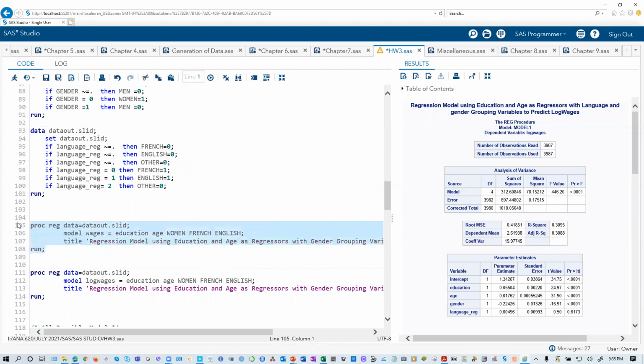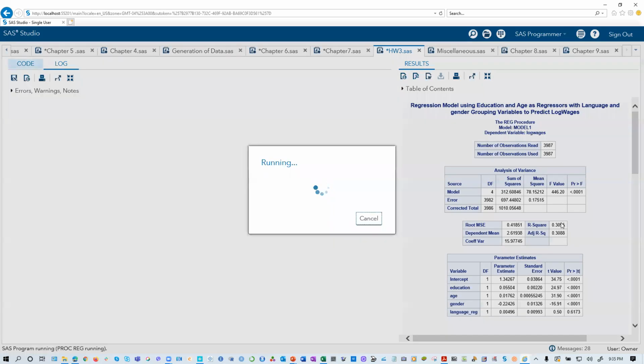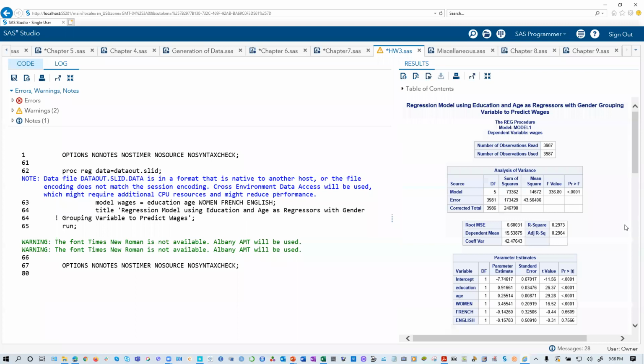With this many variables, you can look into R square too. Let's see what's going to happen. It's not going to change, because that's the same thing we did earlier.